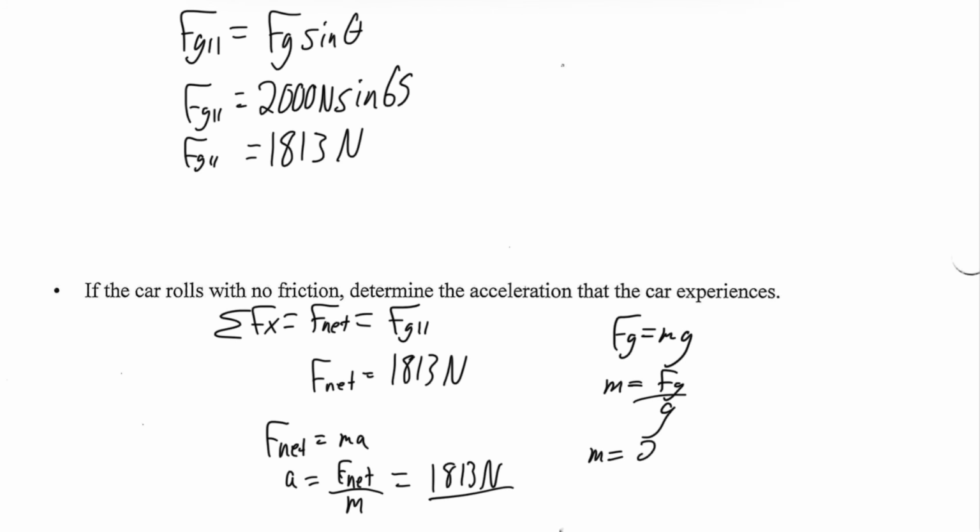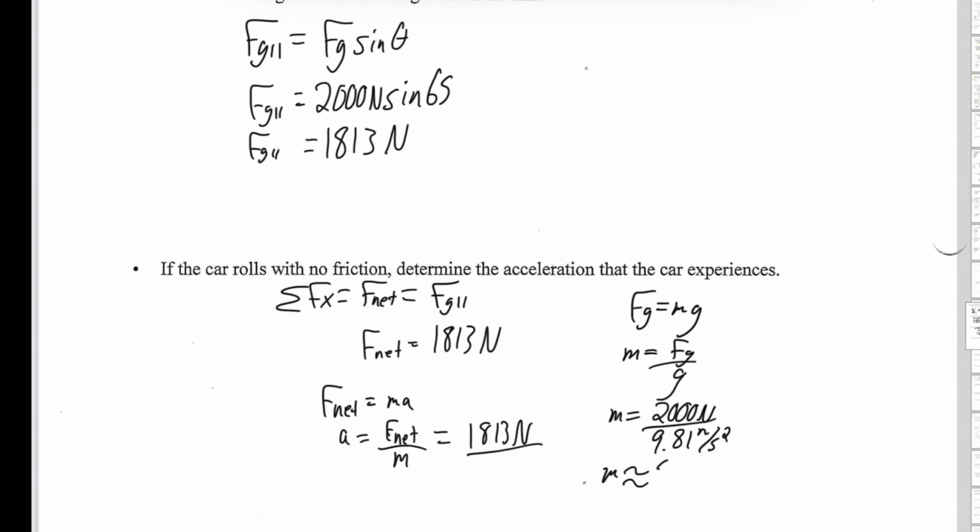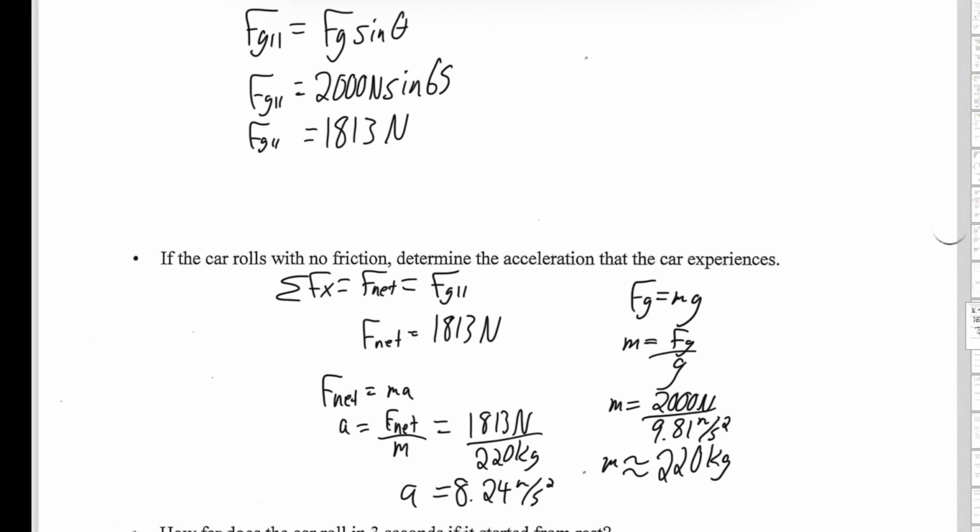M equals 2,000 newtons divided by 9.81 meters per second squared. So from that, we will find that our mass will be roughly equal to 220 kilograms. We can plug that into our formula, and we will find that our acceleration for this car is going to be 8.24 meters per second squared. So maybe they'll think twice before forgetting to put on their parking brake.